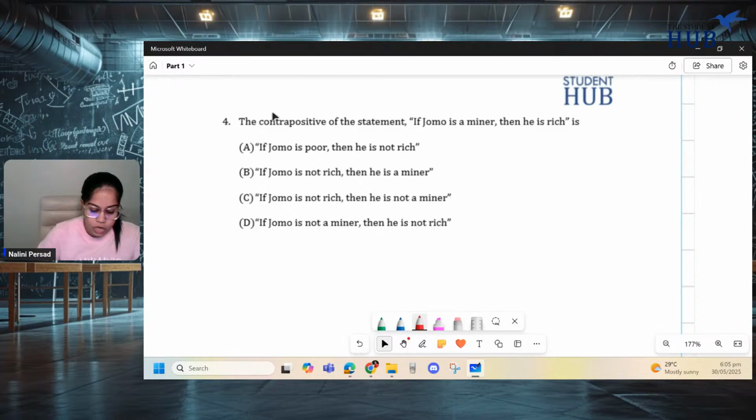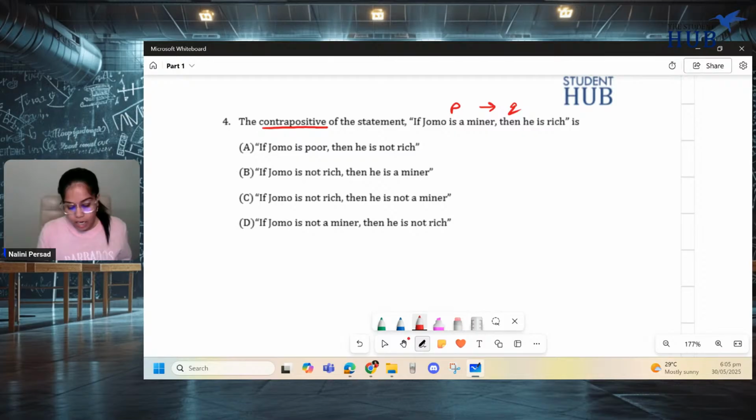Question 4. The contrapositive of this statement. If Jomo is a minor, then he is rich. So for this statement, it's a conditional statement. If P, then Q. We want the contrapositive. The contrapositive is where you change it and negate it.